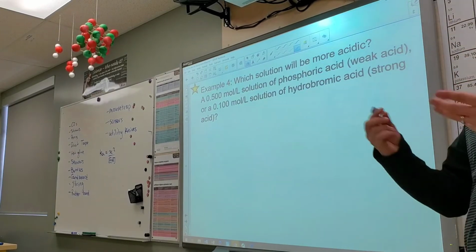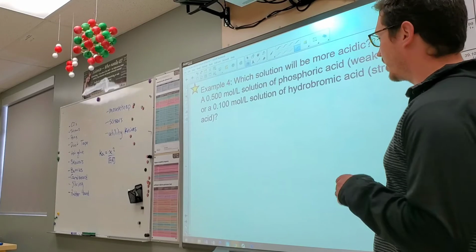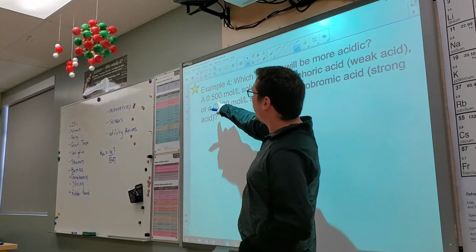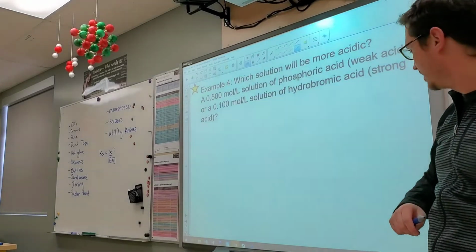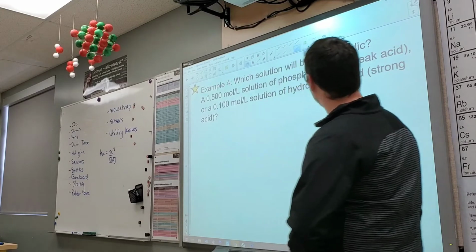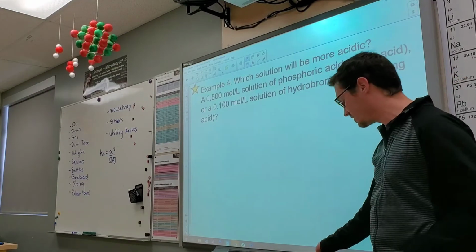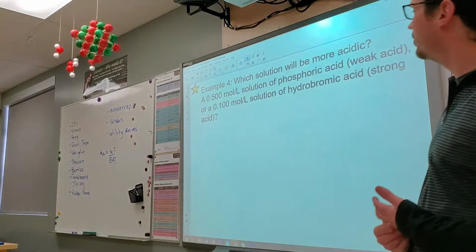So we're set up with this conundrum. Which solution is going to be more acidic? A 0.5 mole per liter solution of phosphoric acid, which is a weak acid, or a 0.1 mole per liter solution of hydrobromic acid, which is a strong acid. What does your gut tell you? Which one is going to be more acidic?